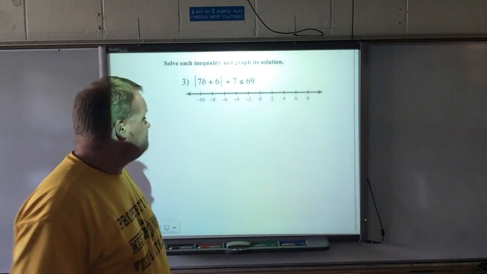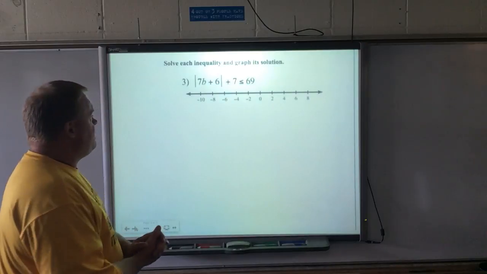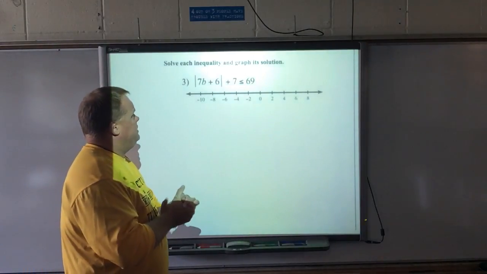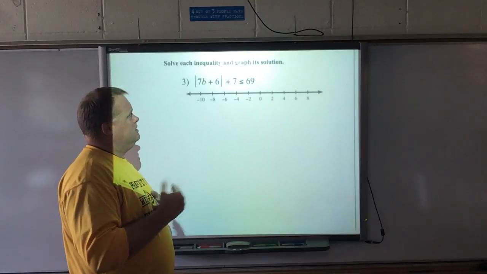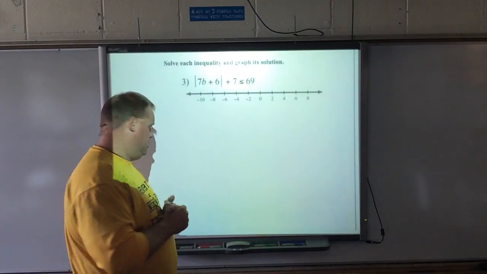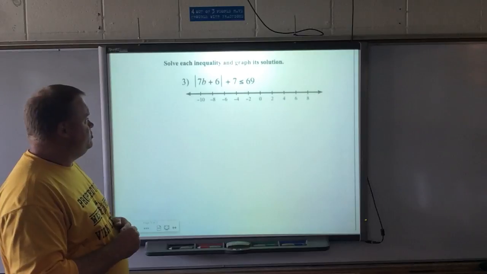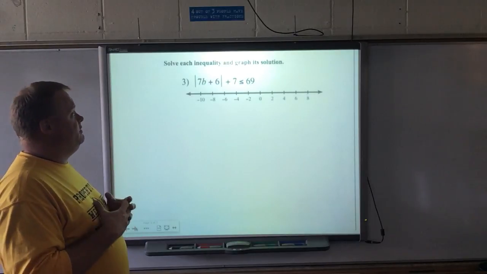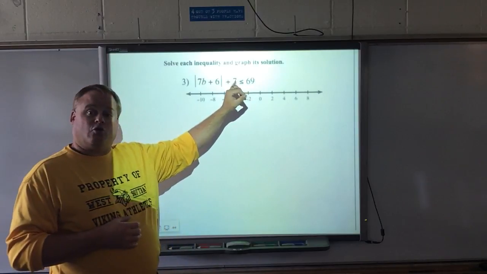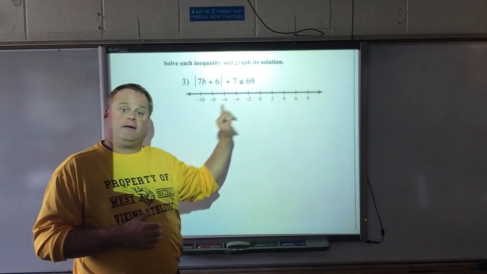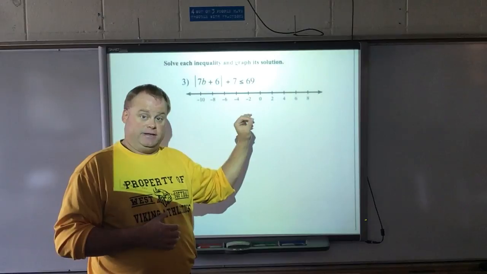I've got the absolute value of 7b plus 6 added to 7, less than or equal to 69. So the first thing I have to do is get rid of that 7. But notice that we have a less than or equal to up there, and we've got a graph. So we know we're going to have to graph this.